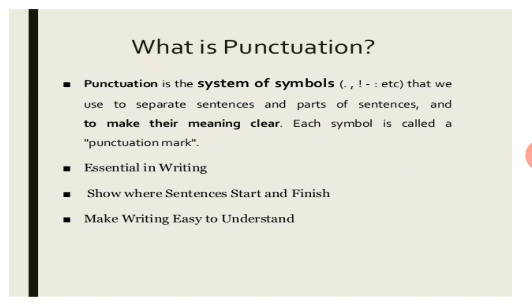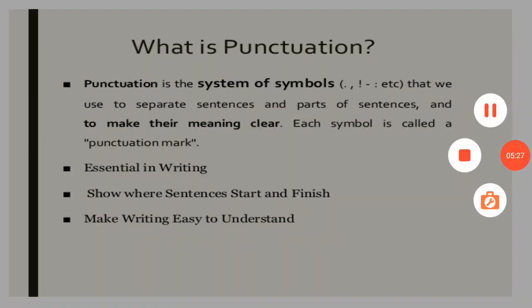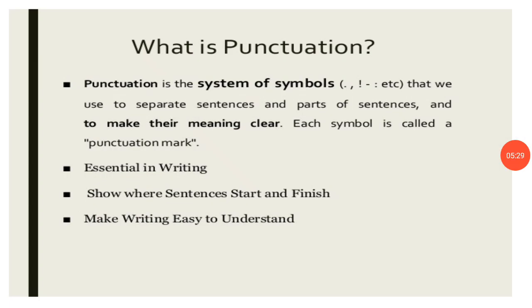Now, what is punctuation? Punctuation is the system of symbols that we use to separate a sentence and parts of a sentence and to make their meaning clear. Each symbol is called a punctuation mark. It is essential and important in writing. It shows where a sentence starts and finishes.